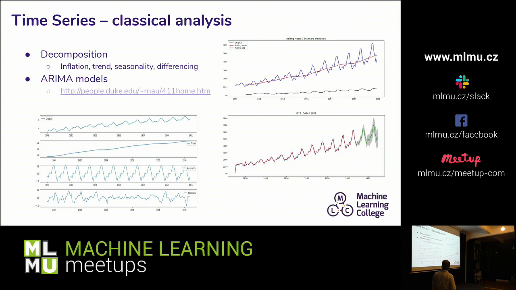It can tackle some specific things like this one, which was this number of airline passengers. And if we are talking about forecasting or predicting to the future, then the classical analysis is still useful, and it'll be all about decomposition and finding factors like inflation or trend or seasonality. And what you're trying to do is remove these factors out of the data.